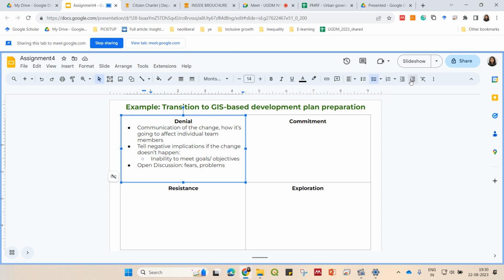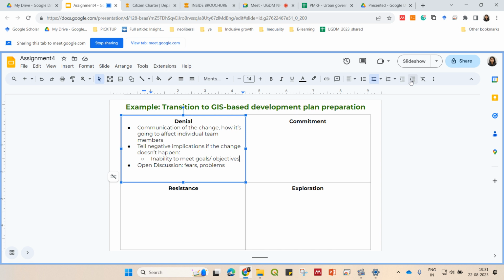So in case of GIS based development plan preparation, it might be that by integrating GIS based development plan, they want an e-governance element with the plan preparation, or a more integrated approach with the ICT, or they might want to integrate with other different systems which follow a GIS based plan preparation pattern.